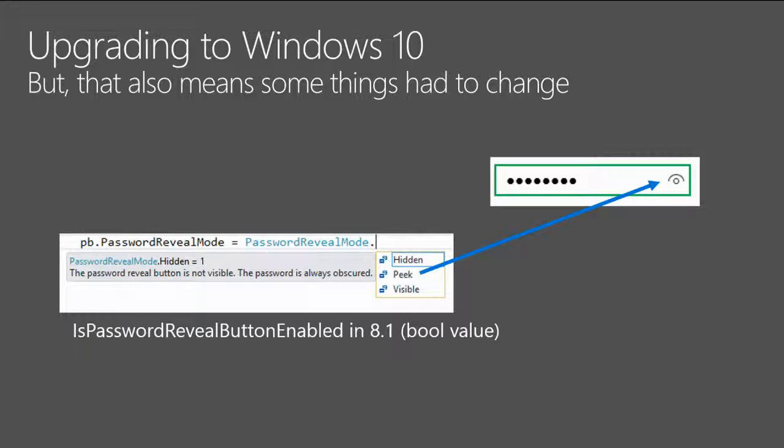But because some apps might depend on the password reveal mode being shown, we added an API and a type that you can now set in order to opt into your old behaviors. So these are some of the ways that we have tried to make sure that backward compatibility has been maintained. I believe we have a big document published on MSDN that contains all of the breaking changes and all of the upgrade scenarios that we've enabled in these patterns.